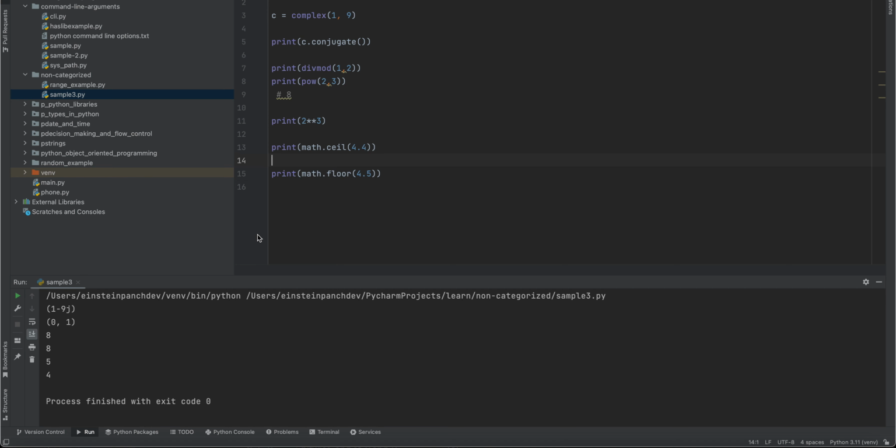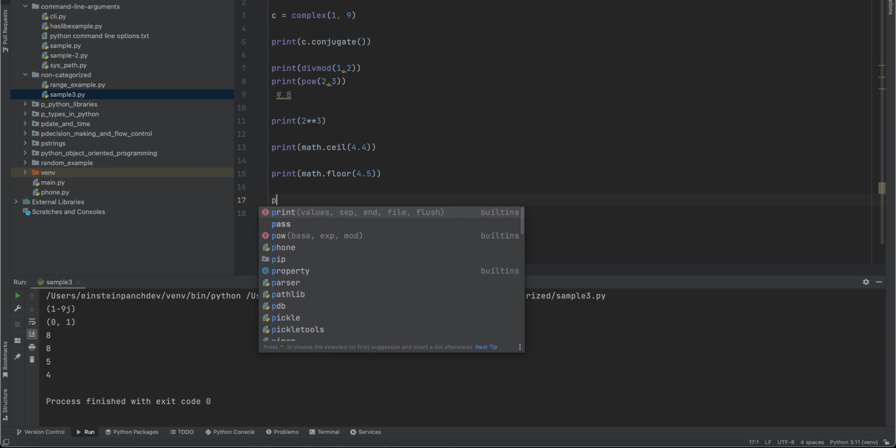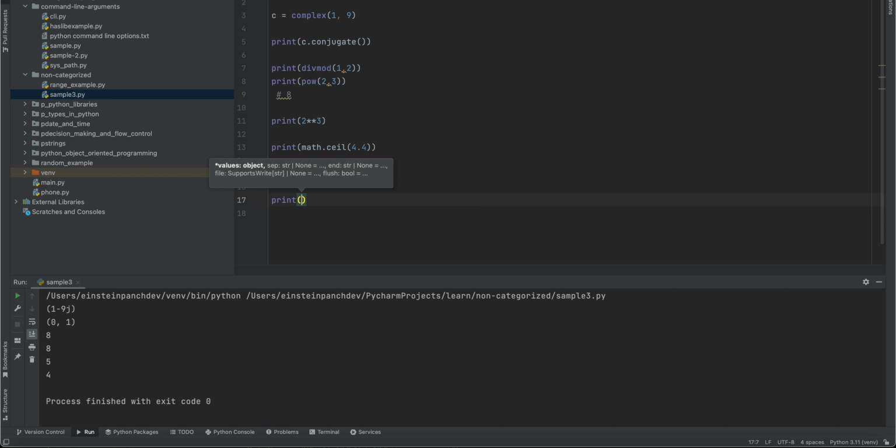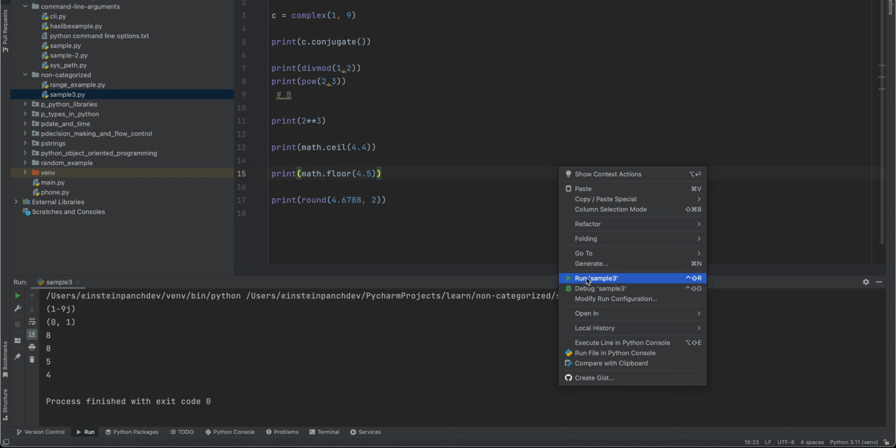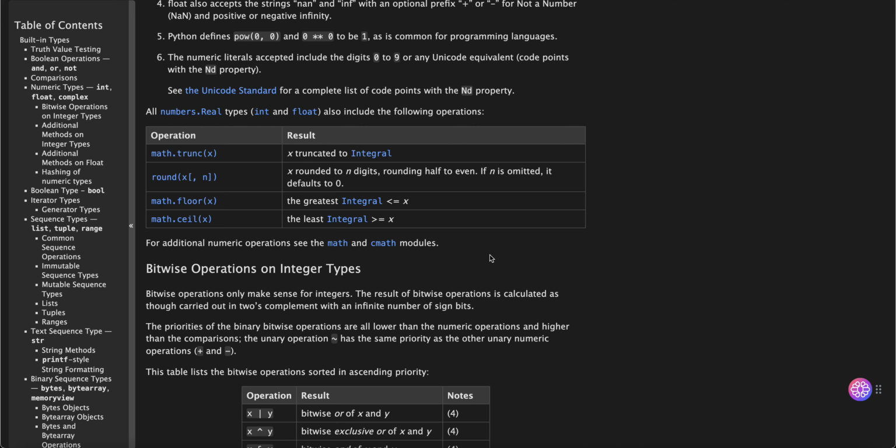Round. Print round. If I say 4.6767 and round to 2 decimal points, it should be 4.68. Yep.